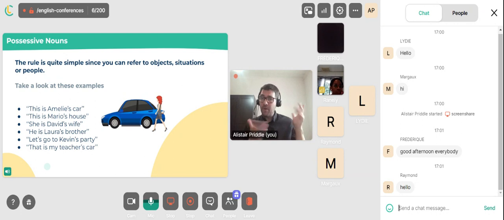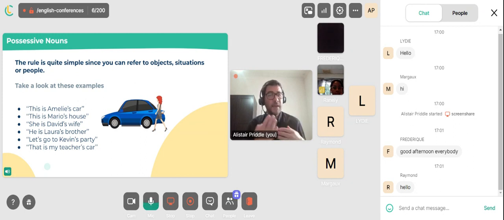This is Mario's house. She is David's wife. He is Laura's brother. Let's go to Kevin's party. That is my teacher's car.